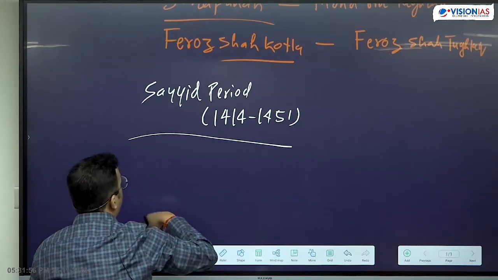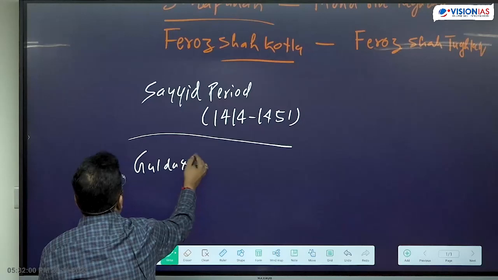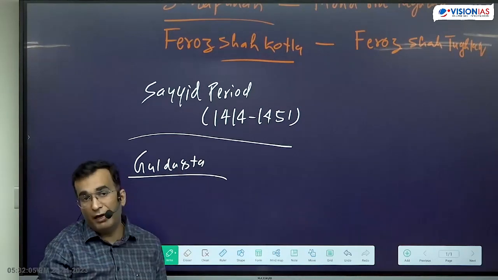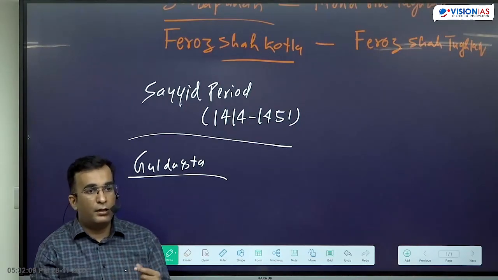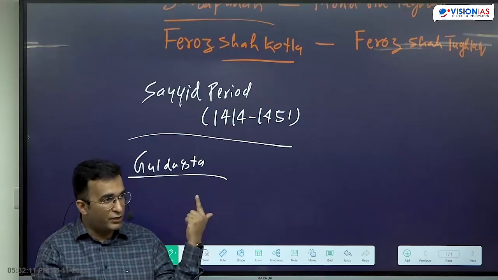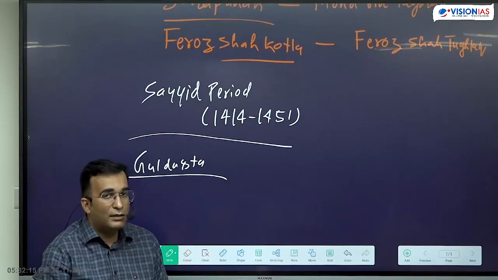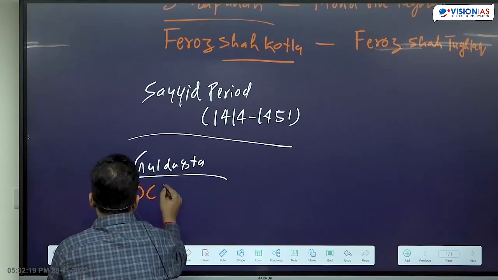So in Sayyid period, what were the new introductions? Understand. There were 2 types of decoration that they have introduced. One is the Guldasta method of decoration. In fact, this is regarded as the precursor to the arabesque technique which we have mentioned earlier. Okay? So Guldasta method of decoration, and another thing that they have introduced is octagonal tombs.